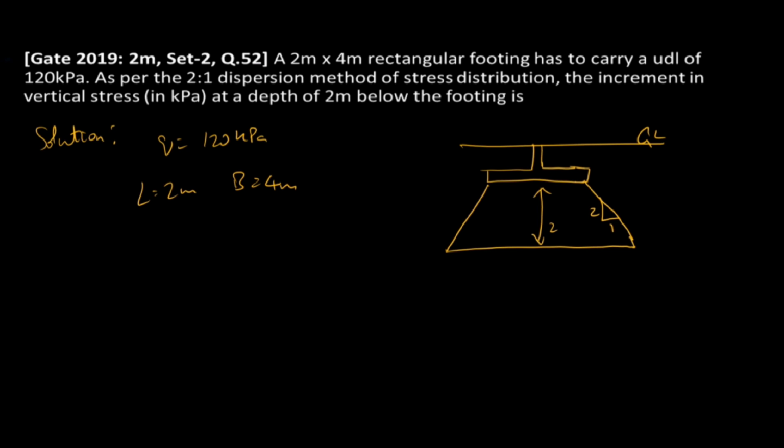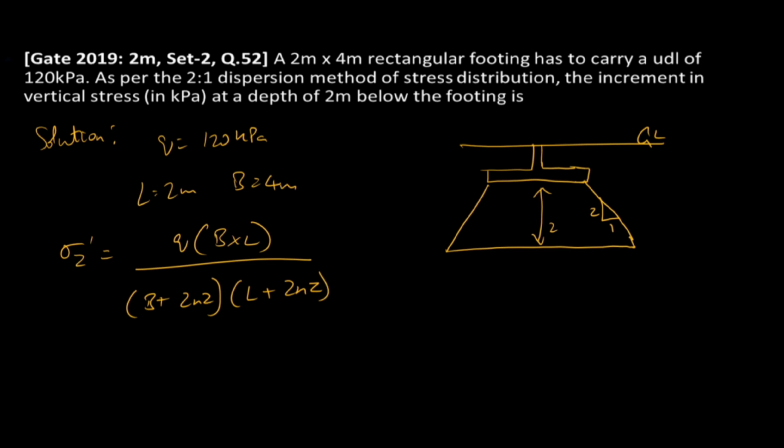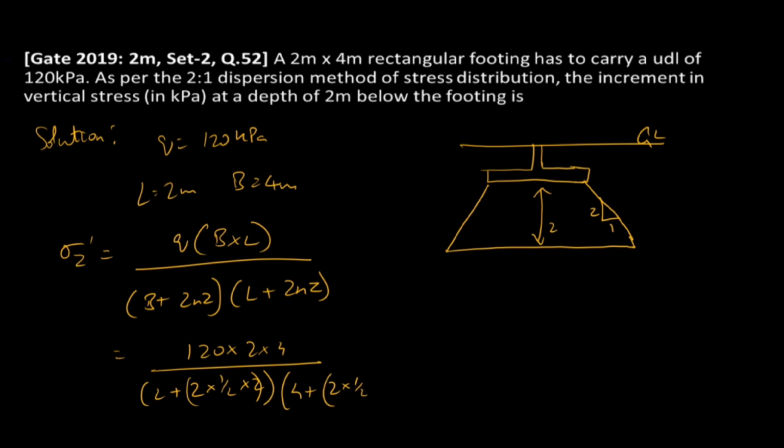The equation of vertical stress at any point according to the dispersion method is given by sigma z dash equal to Q into B into L divided by B plus 2 nz into L plus 2 nz, which gives you 120 into 2 into 4 divided by 2 plus 2 into 1 by 2 into z, with z equal to 2, into 4 plus 2 into 1 by 2 into z, that is equal to 2.